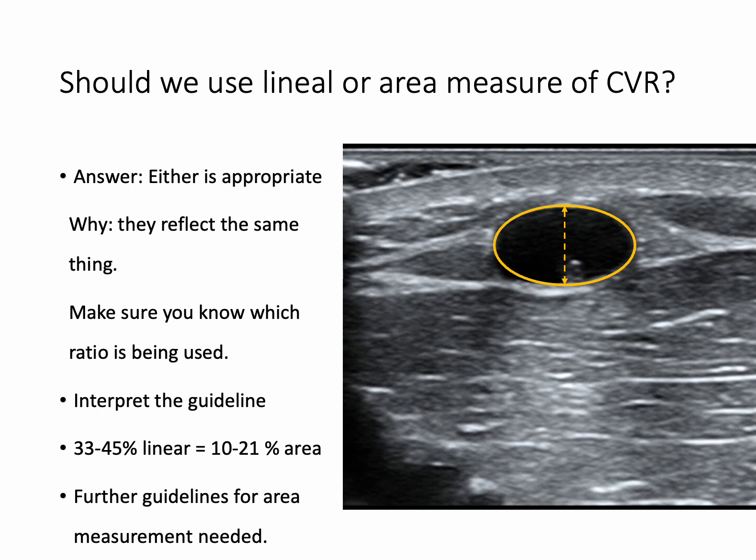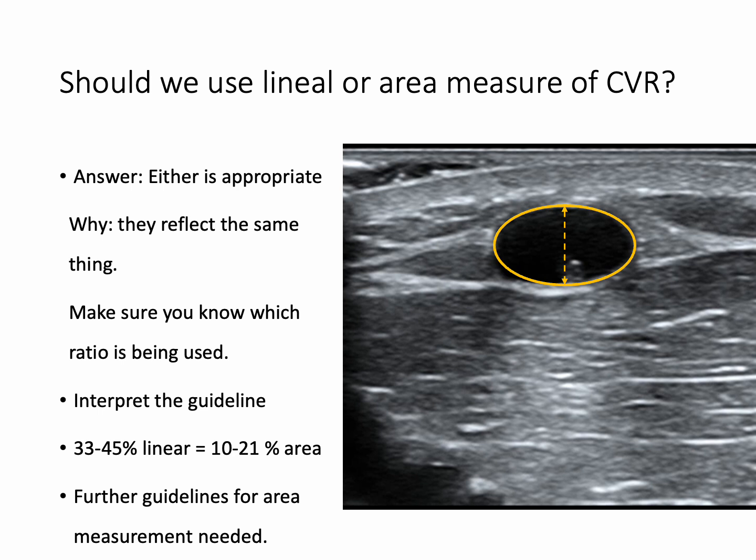While there are different camps of thought on which is better, a linear measurement or an area-based measurement of catheter vessel ratio, essentially it doesn't really come down to any difference because they are just two different units of measurement.